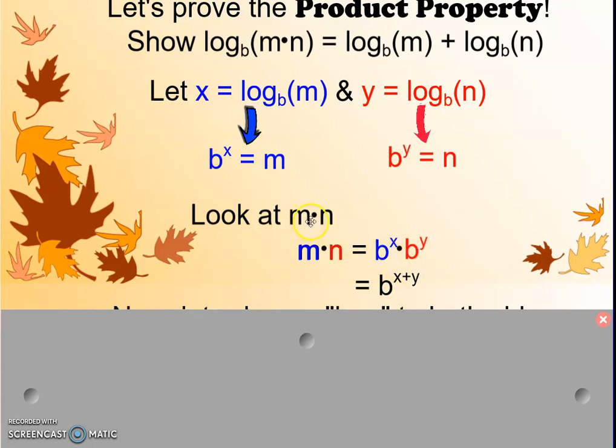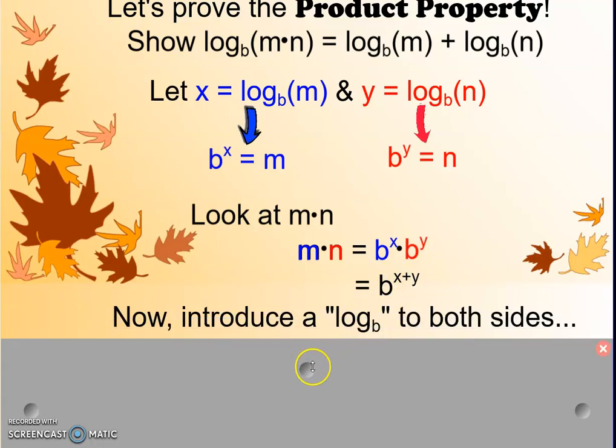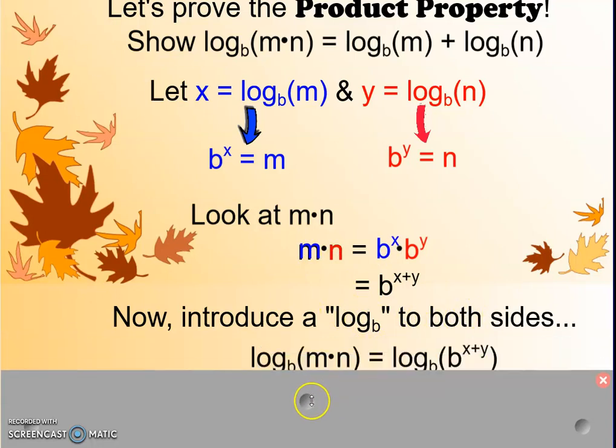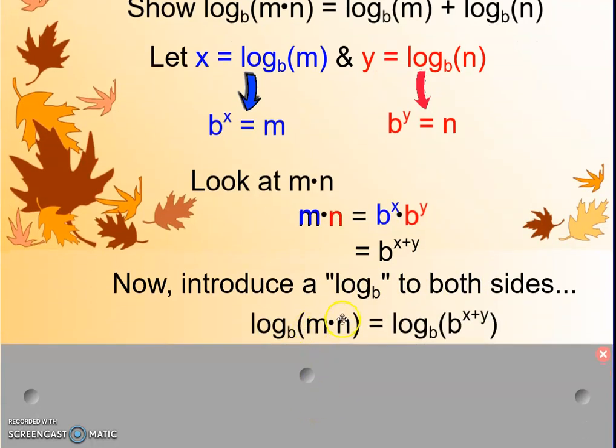So anytime I multiply m times n, that's the exact same as b raised to the x plus y. So let's take this statement right down here, and let's take log base b of both sides.